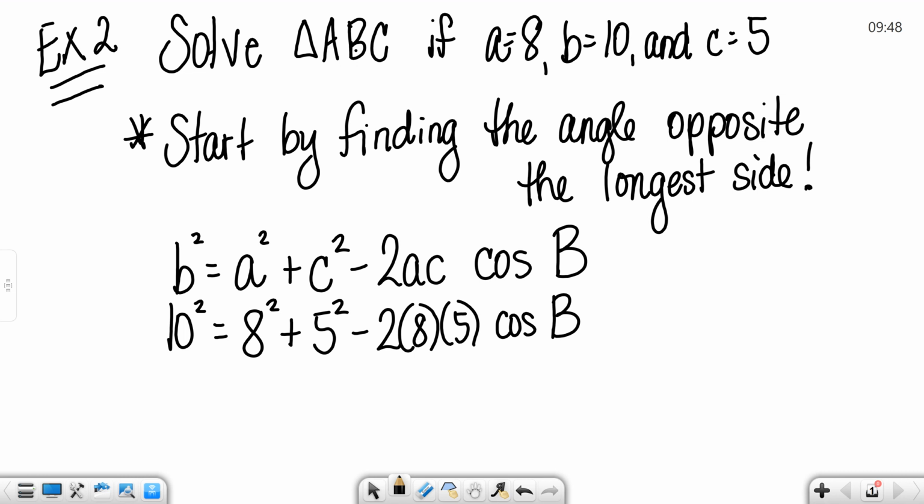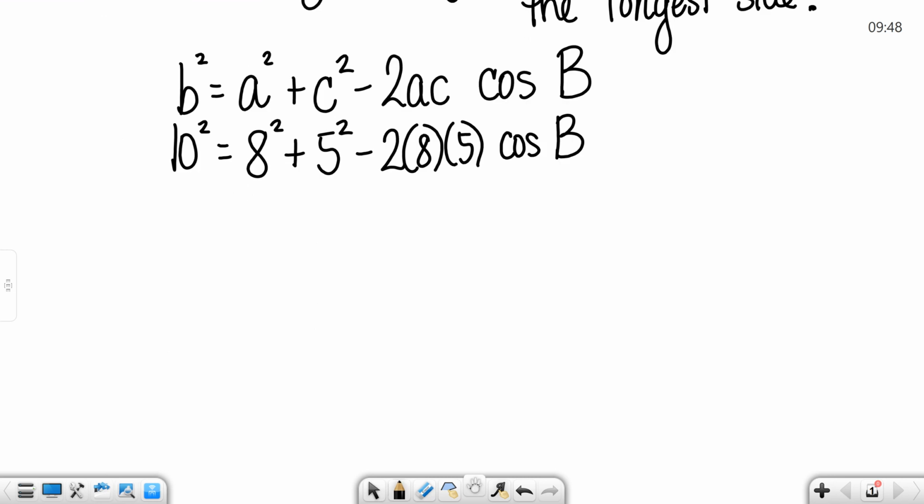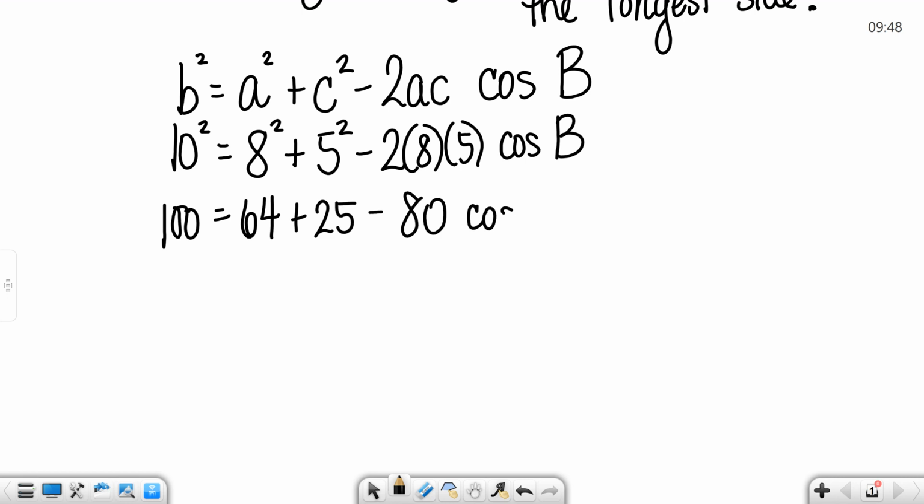All right, and now we need to just do our algebra. Okay, again, make sure that you do not try to subtract that 80. That 80 is attached to that cosine of B.